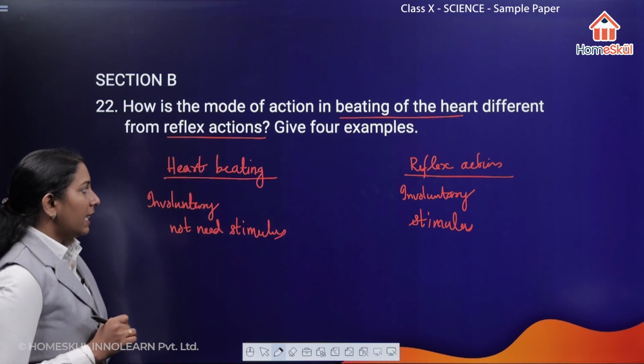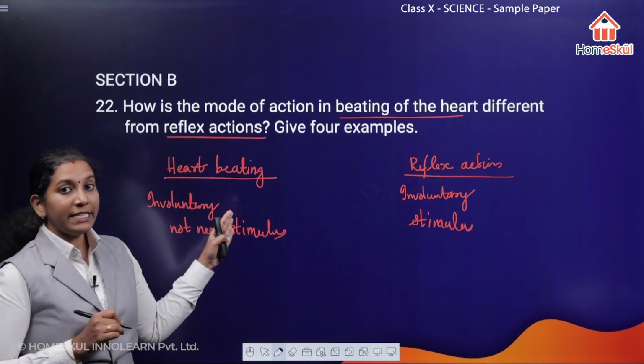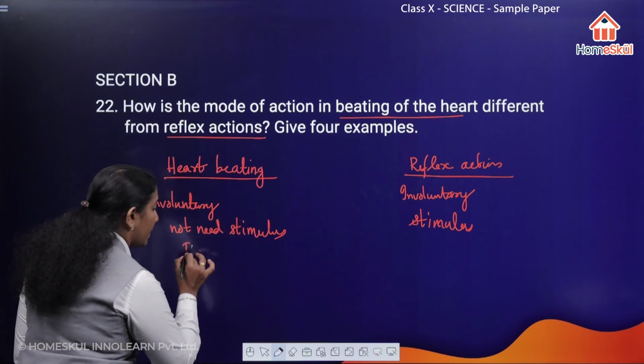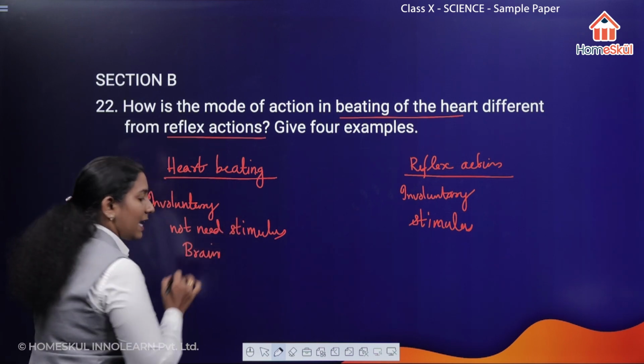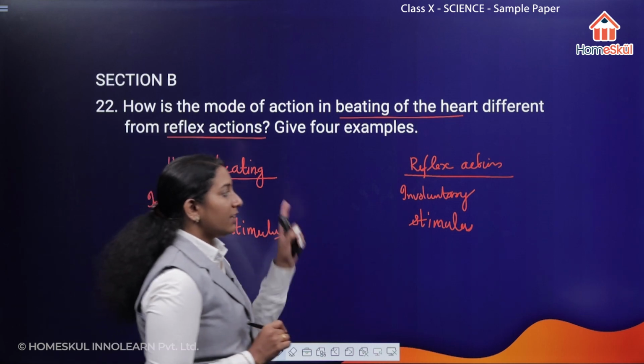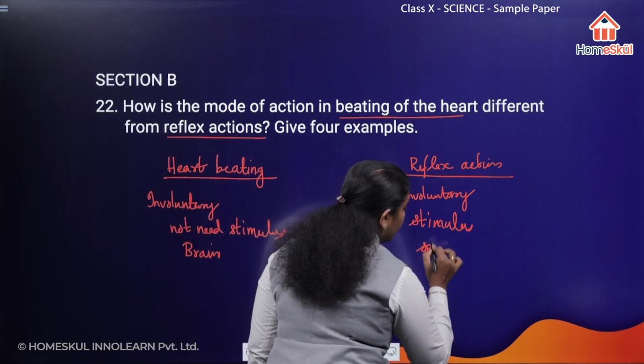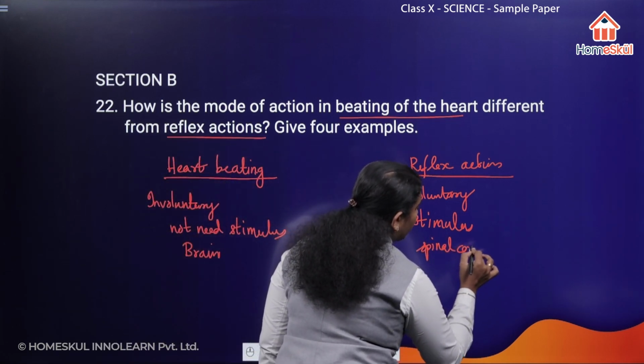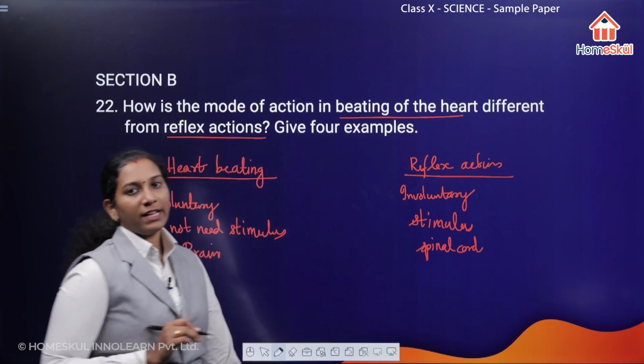So that is also right. Then, heart beating will be controlled by our brain. So the brain is actually the controlling center, but the reflex actions are controlled by what? The spinal cord is actually controlling the reflex action.